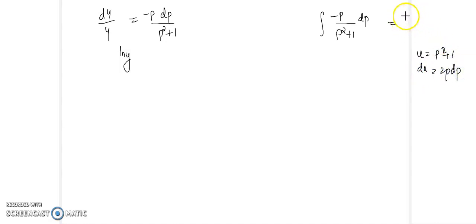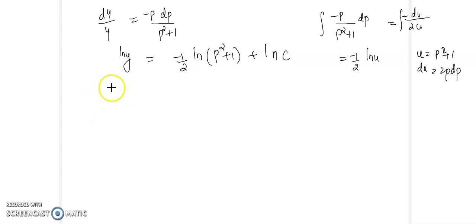So that will be minus du by 2u, which is minus 1 by 2 ln u. So you are going to get minus 1 by 2 ln of p square plus 1. Let me take the arbitrary constant as ln c. So you will get Y equal to c times p square plus 1 whole raised to minus 1 by 2.